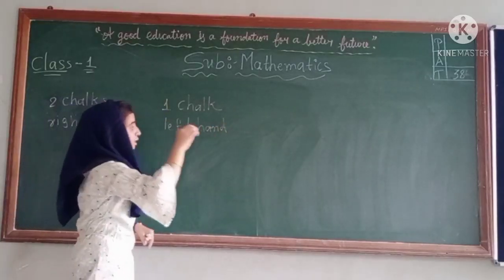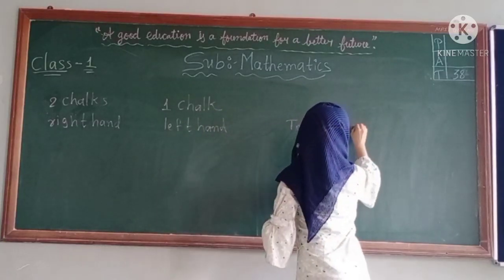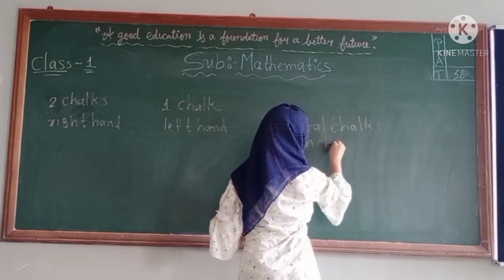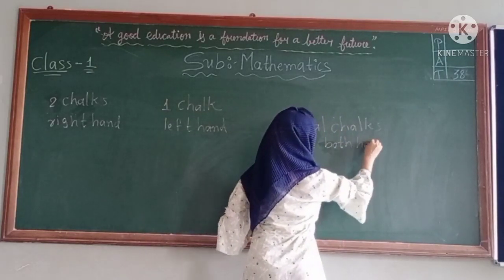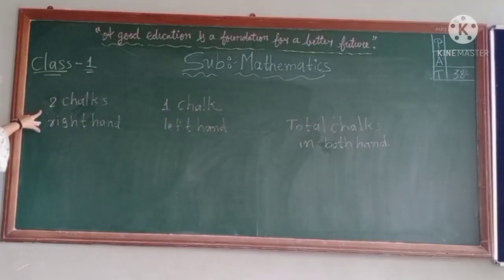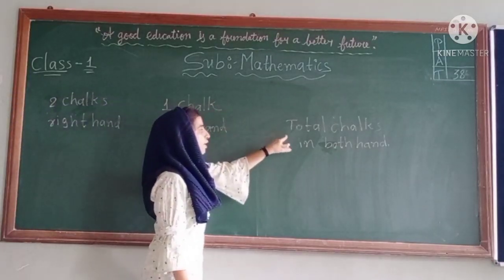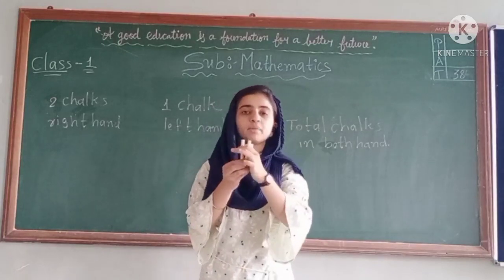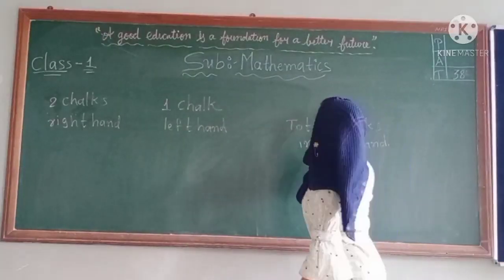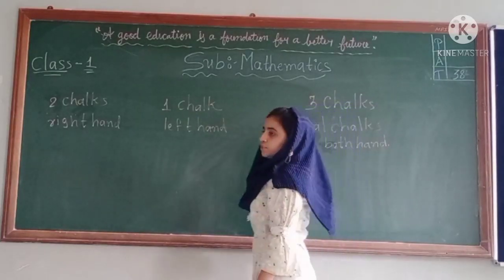Now I want to find out the total chalks in both hands. Right? So how many did we count? We count 3 chalks, right? We counted 3 chalks.